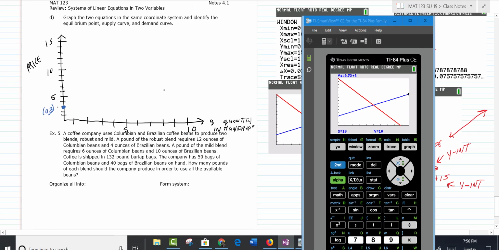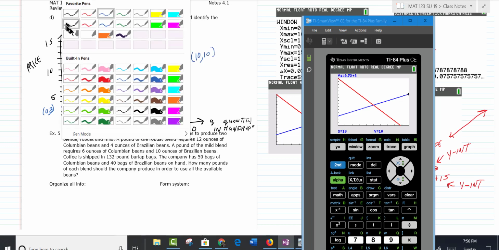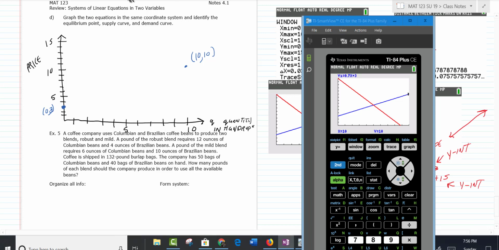So that's 0, 3, then you have this point 10, 10. Then we connect the dots into a straight line.